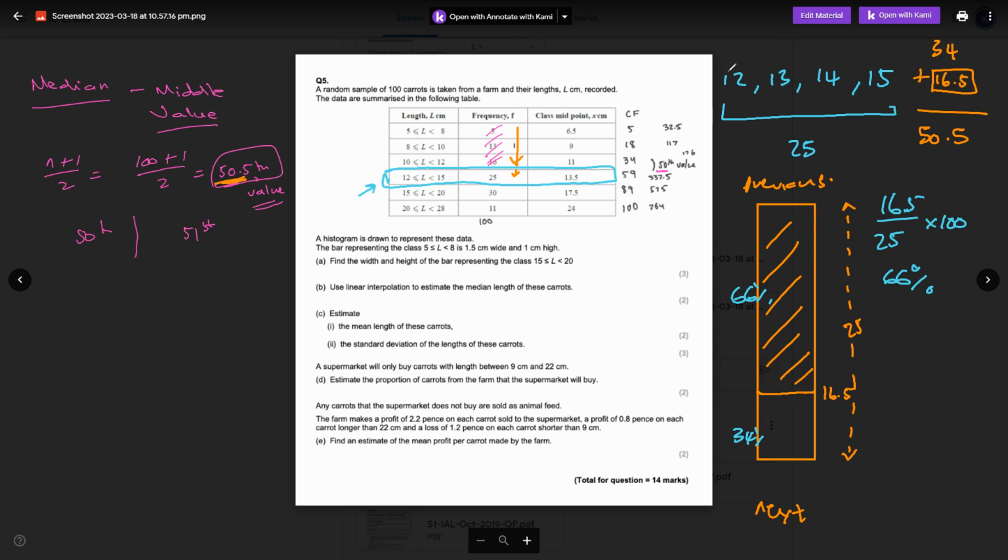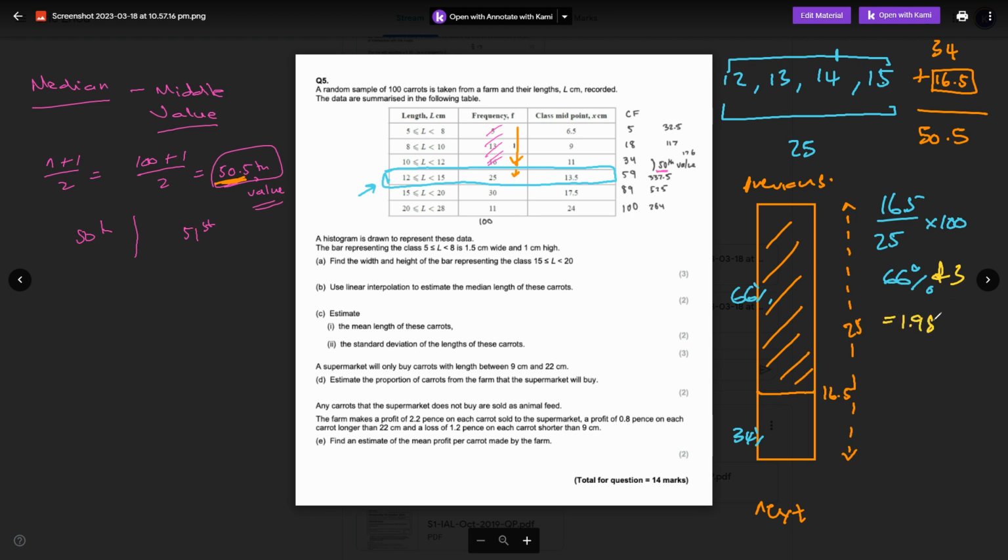We're starting at 12, including 12, and we're going up to 15. If I have to go 66% into the interval, which means I would end up somewhere over here, then I've got 15 minus 12, which is 3. And that's the class interval size. So what is 66% of class interval of 3? 66% of 3 comes to 0.66 times 3, which is 1.98.